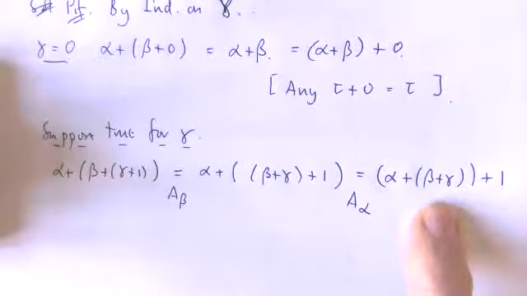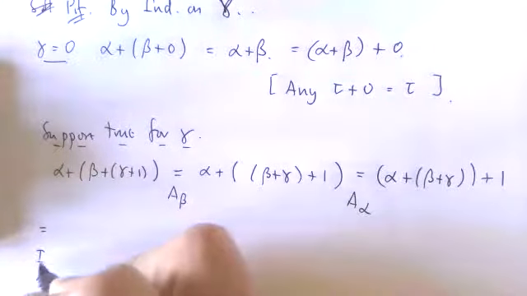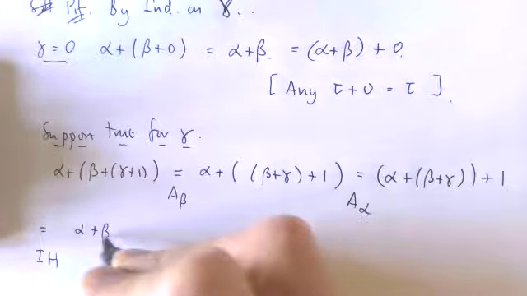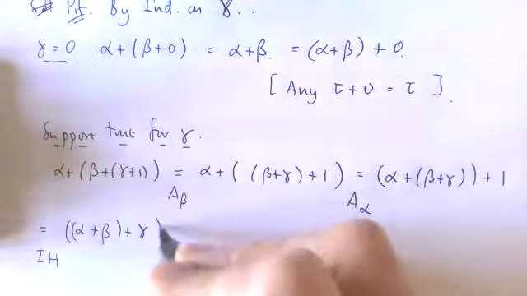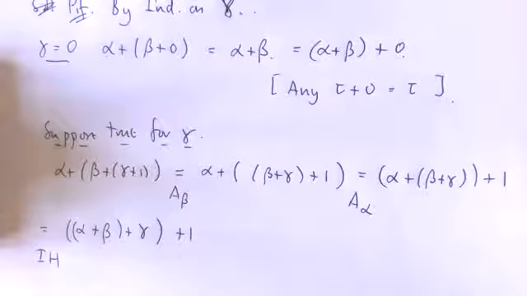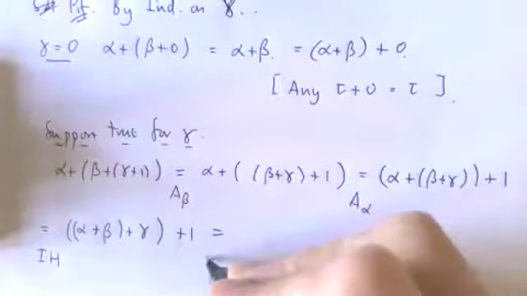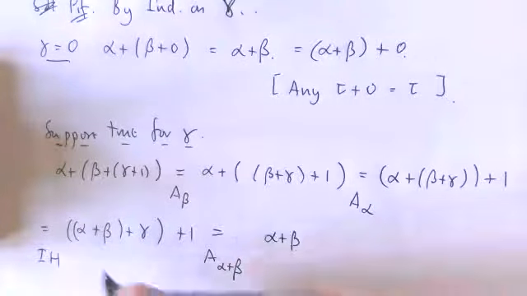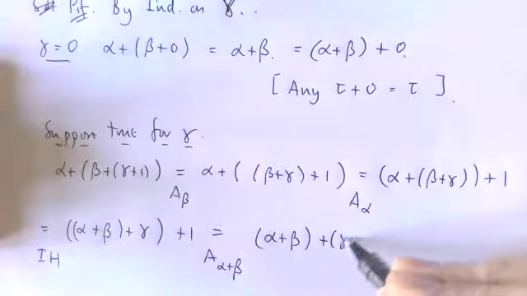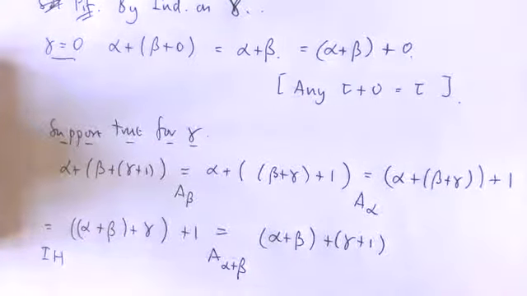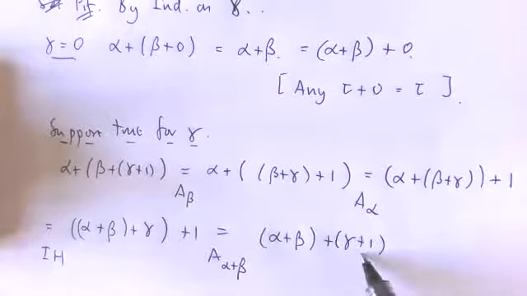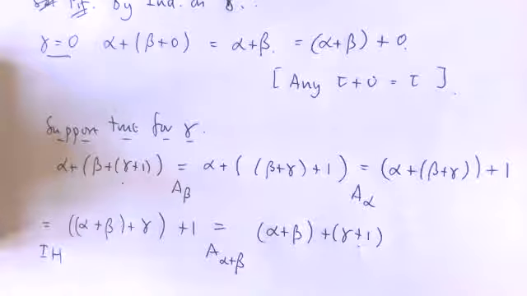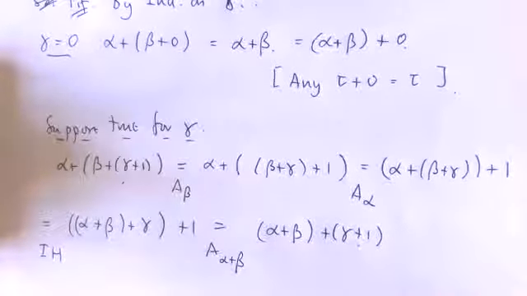Now I use the inductive hypothesis to shift those brackets around. And now I use the definition of adding alpha plus beta to things here. So the successor of alpha plus beta added to something is alpha plus beta added to the successor of that thing. And of course, that is now exactly what I want over here. So I've done the successor case.